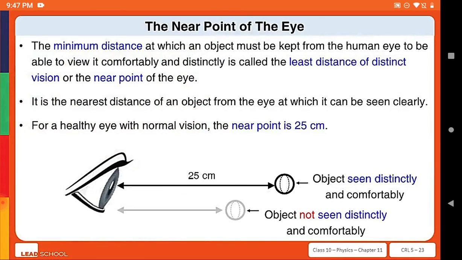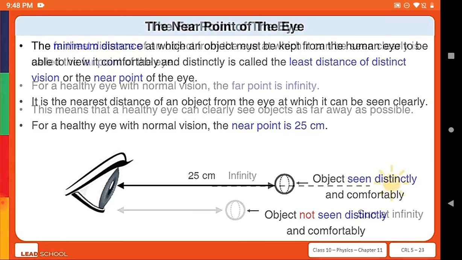The minimum distance at which an object must be kept from the human eye to be able to view it comfortably and distinctly is called the least distance of distinct vision, or the near point of the eye. It is the nearest distance of an object from the eye at which it can be seen clearly. For a healthy eye with normal vision, the near point is 25 cm.